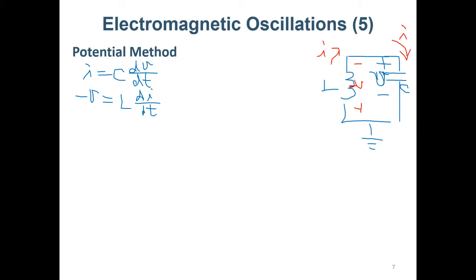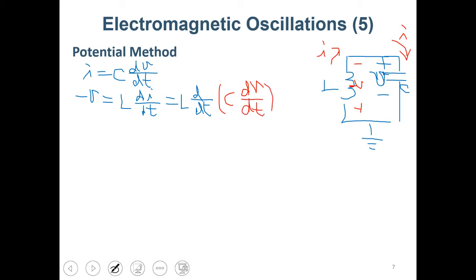And in this case, this I and this I are the same, so we can just substitute C dV dt into this equation.